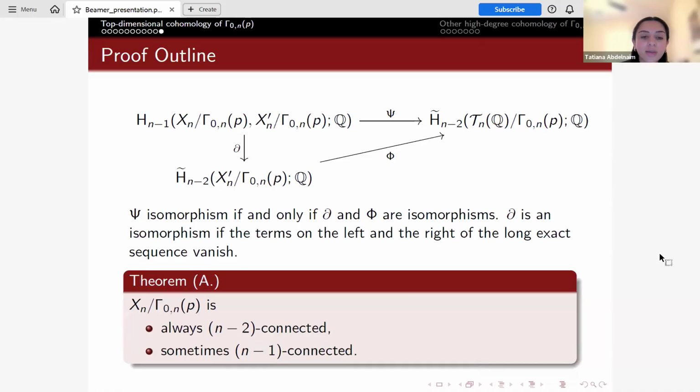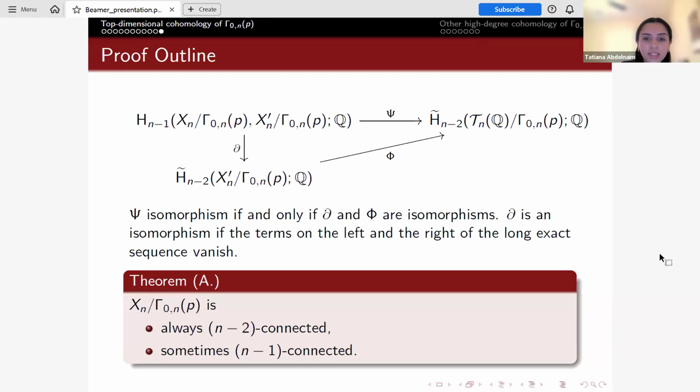And I showed that it is sometimes n-1 connected, and this sometimes depends on n and p, and this gives the injectivity part. And most of the paper was just proving this theorem because it was the most complicated part. So we have that Xn mod gamma is connected in some range.